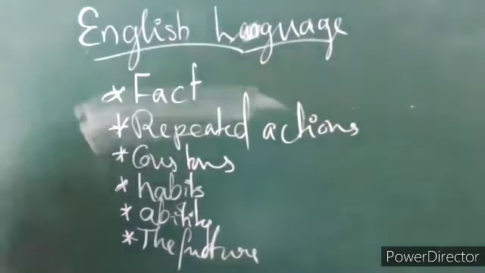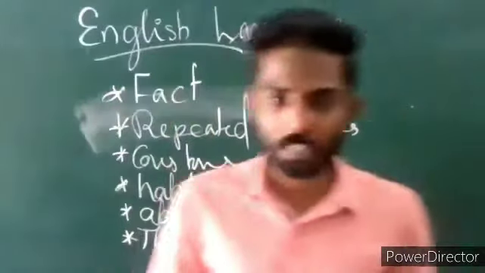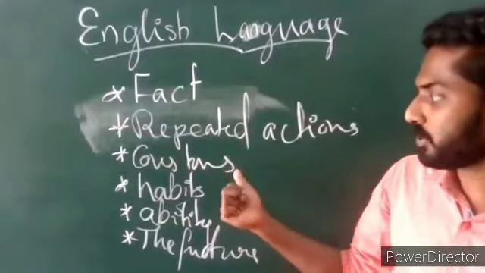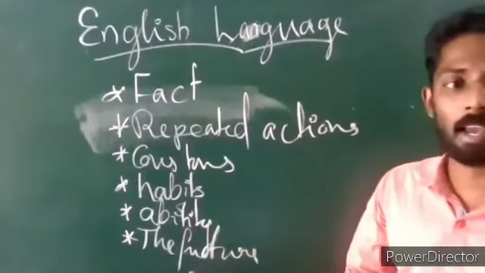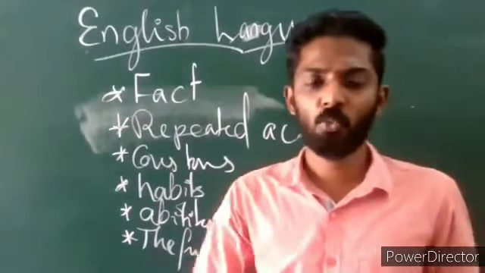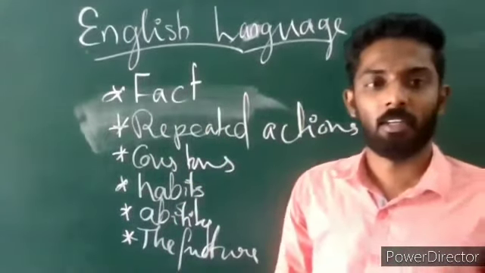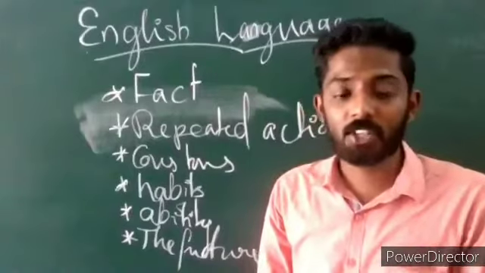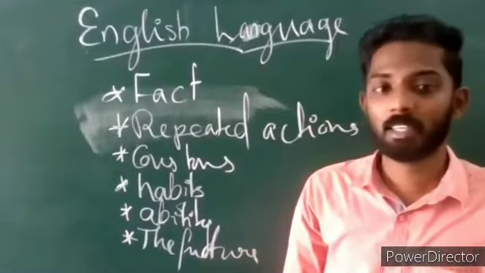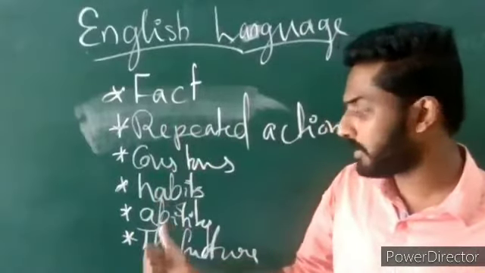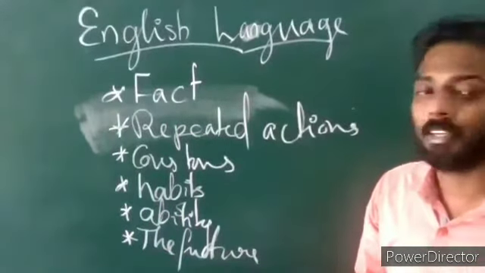So here we spoke about fact, repeated actions, customs, habits, ability, and future. So what do you understand from this? Simple present tense is used to indicate fact, repeated actions, customs, habits, ability, and the future.